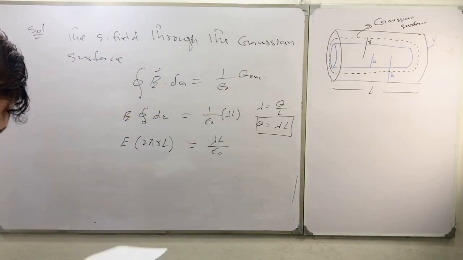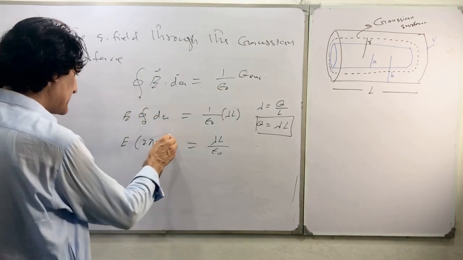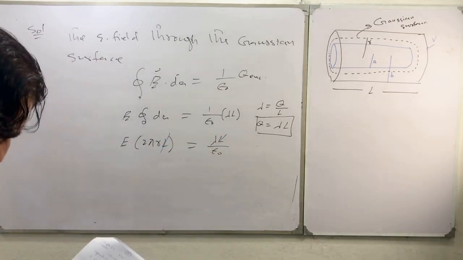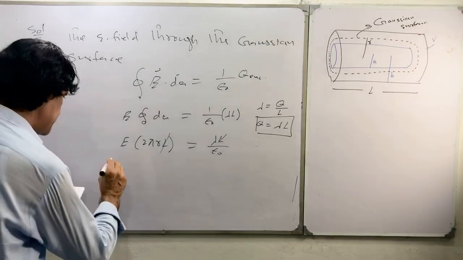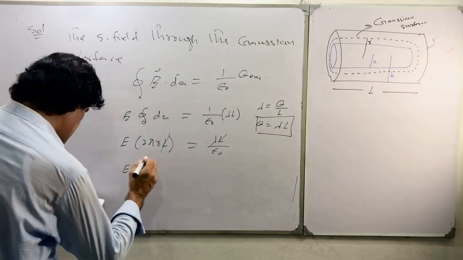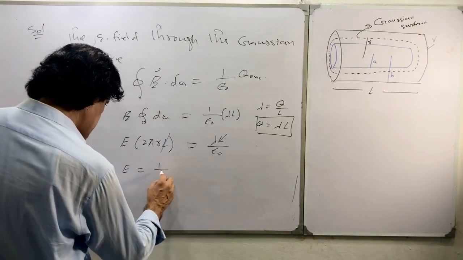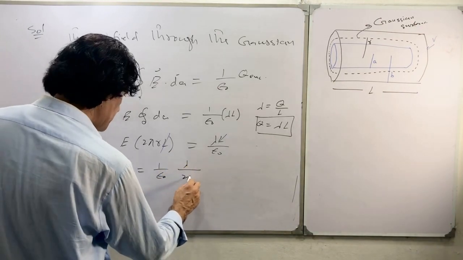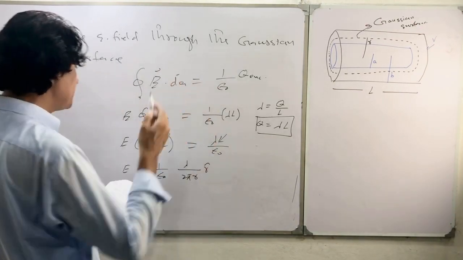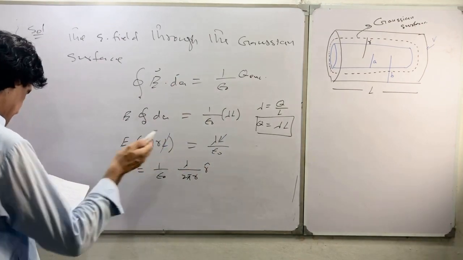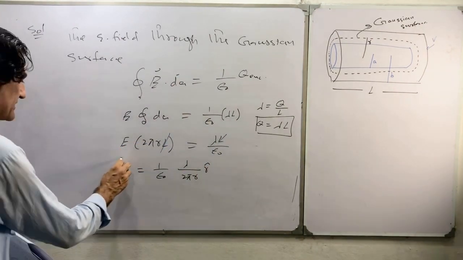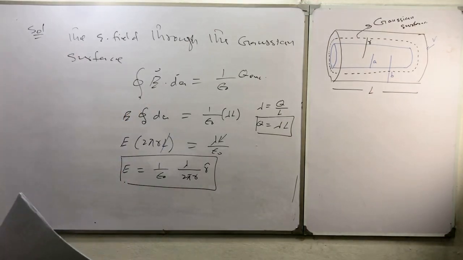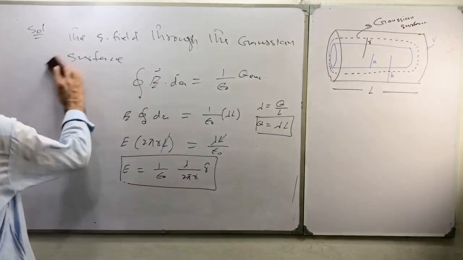Here you can see this L and this L cancel out, and finally we find the electric field, which is equal to 1 over epsilon naught times lambda divided by 2 pi r, in the r unit vector direction. This is the electric field that we have derived.